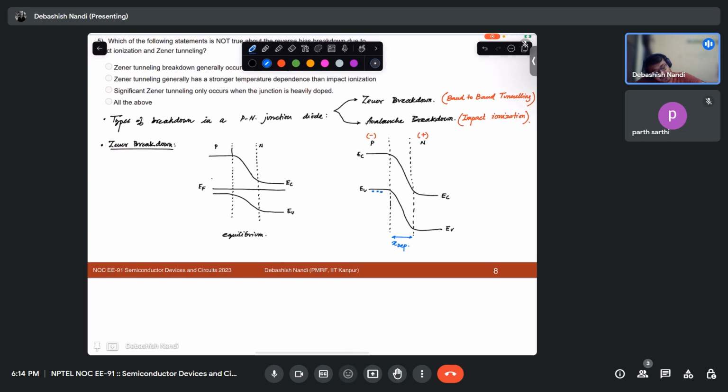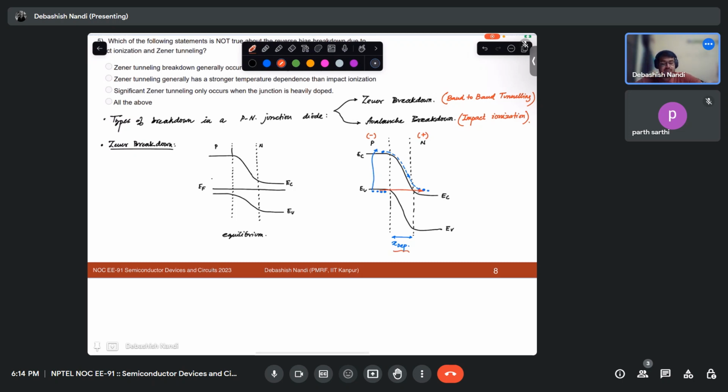Electrons in the valence band can travel to this, and these electrons can move down the hill or energy barrier and come to this, right? This is one way how the electrons from this EV to this EC will transport. And what is another way? Another way is that it can simply tunnel through this barrier.